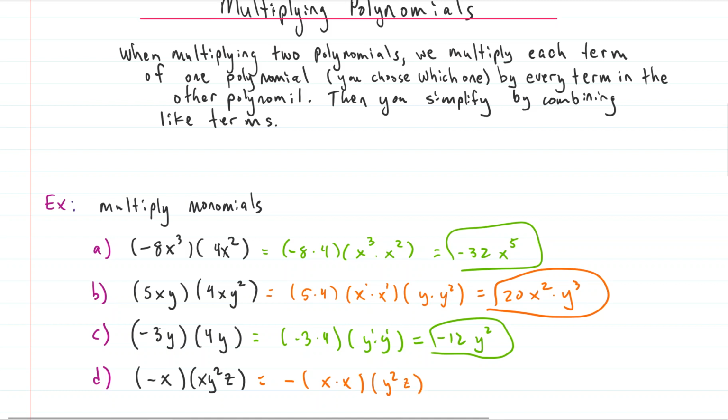So we start out with negative x, and that's multiplied by x times y squared z. The x's can be combined. We have a negative out front, the x's give us x squared, and then we just have our y squared z still hanging out. And that's it.